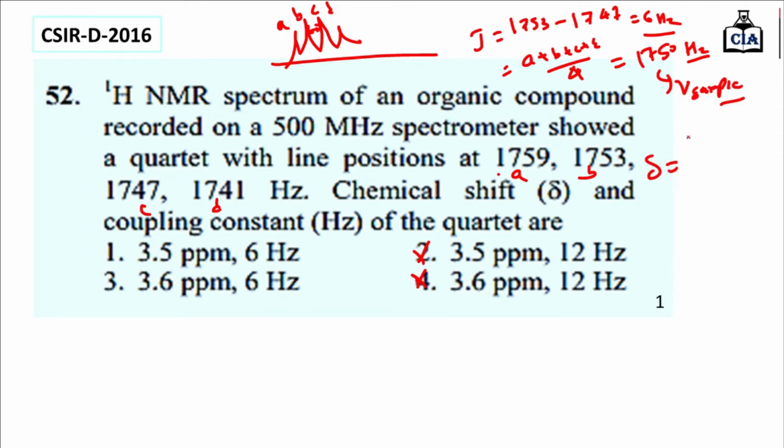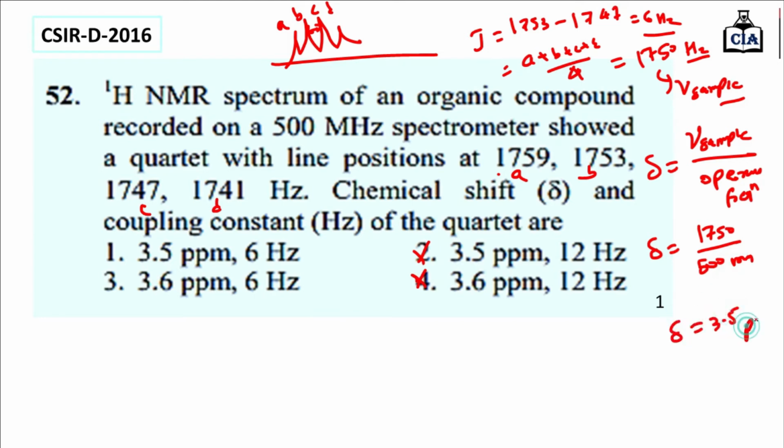The chemical shift value is the frequency of the sample divided by the operating frequency. So delta value equals 1750 divided by our operating frequency of 500 megahertz. So our delta value is 3.5 ppm. So the correct answer will be the first.